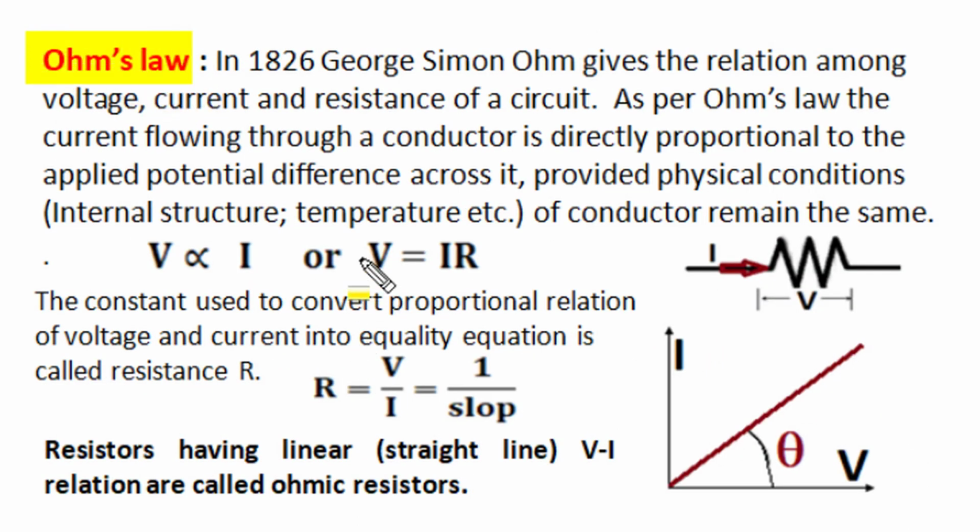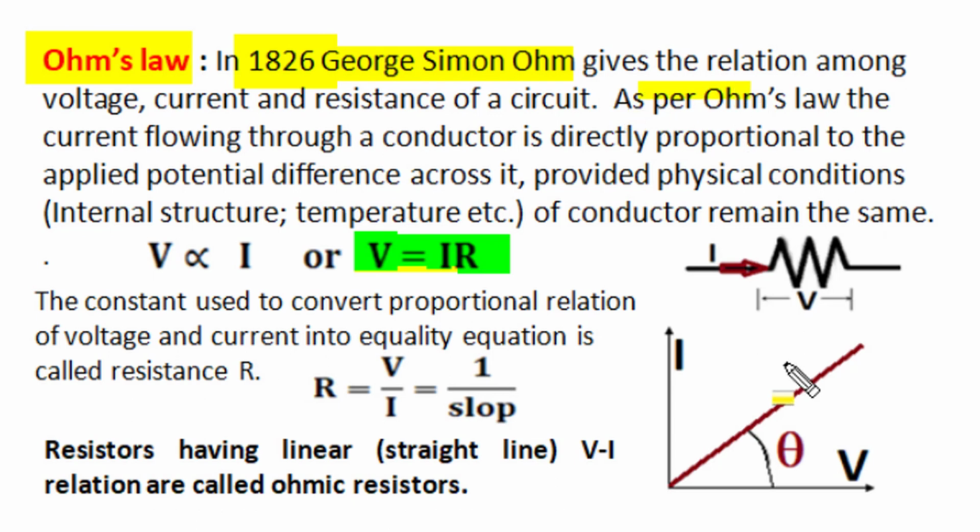Ohm's law, V is equal to IR, is a relation among voltage, current and resistance of an electric circuit, and this V is equal to IR, or Ohm's law relation, is first and foremost important understanding level of our subject electric circuit, and this law was given by George Simon Ohm in the year 1826.